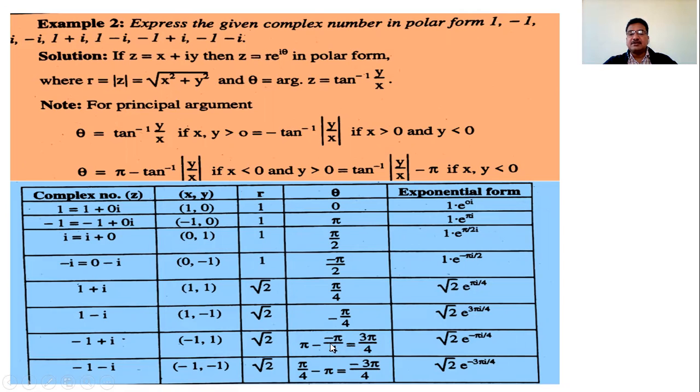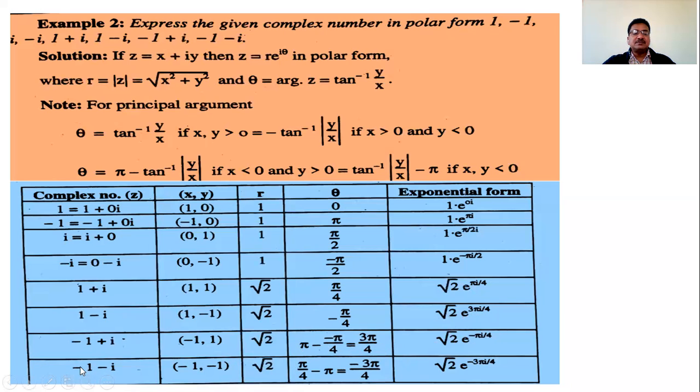So don't write here minus pi. Tan inverse y by x, that is tan inverse 1, is pi by 4. Just write pi by 4. So pi minus pi by 4 is 3 pi by 4. So this is the principal argument of this minus 1 plus i. And therefore its polar form is root 2 e raised to 3 pi i by 4. This is the exponential form.